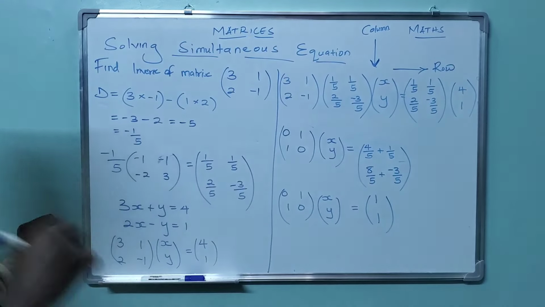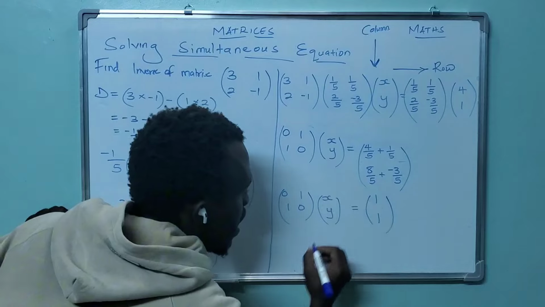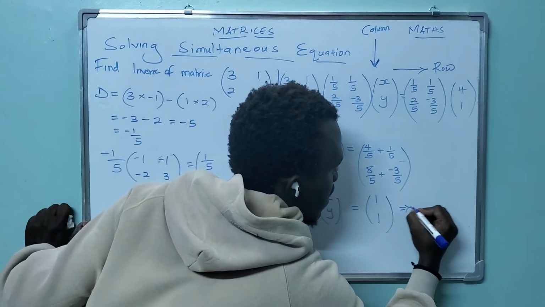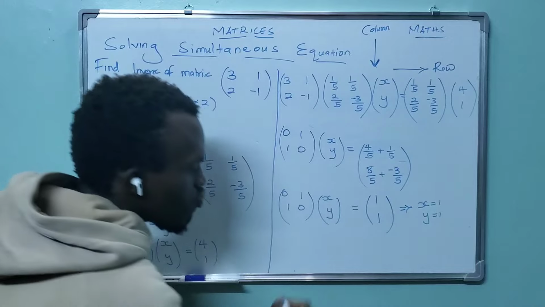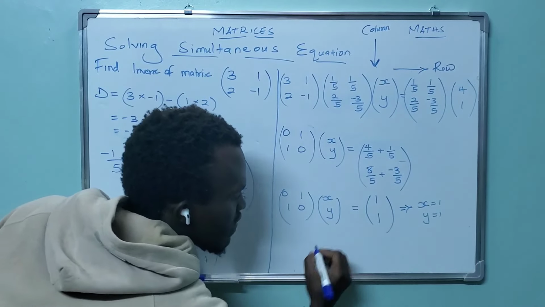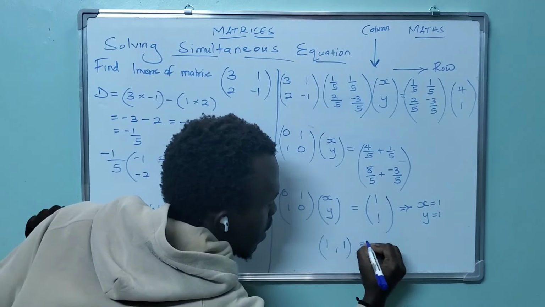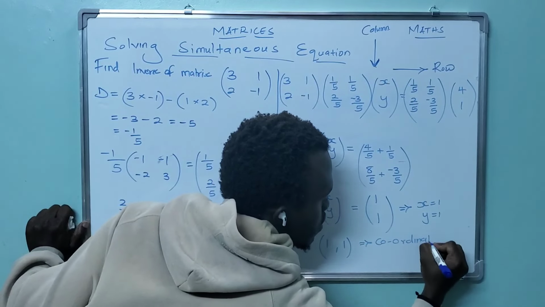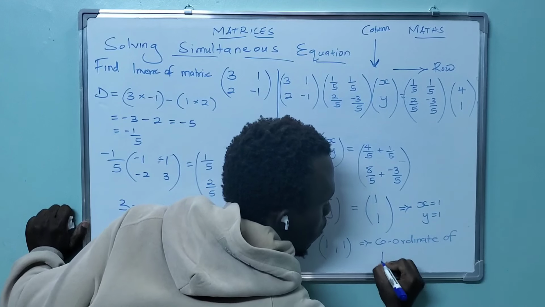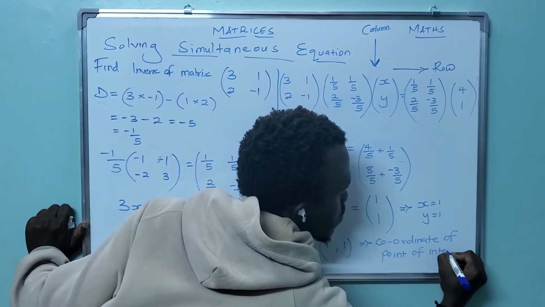So it means that x equals 1 and also y equals 1. So the coordinate of the point of intersection is going to be 1, 1. This is the coordinate of the point of intersection.